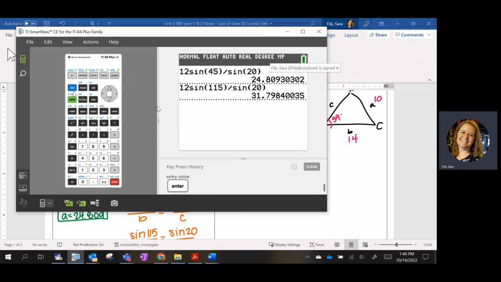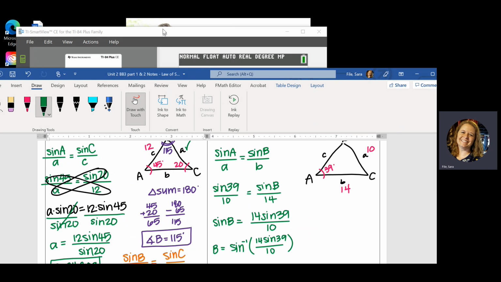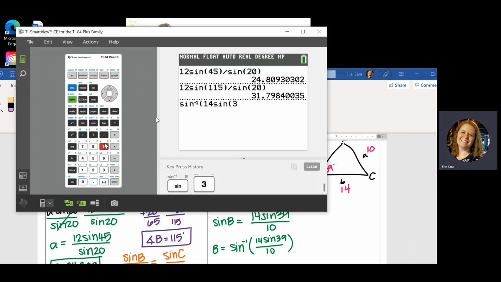I would say inverse sine of 14 times sine of 39, close that parenthesis, divided by 10, and then close the inverse parenthesis. So that's how I would do it all at once to get my answer.